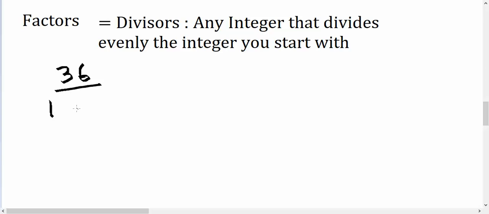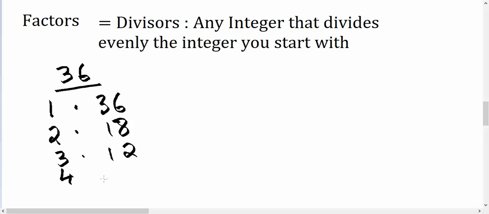So we'll have 1, and 1 times 36 gives us 36. 2 is another factor of 36. 2 times 18 equals 36. 3 is another factor of 36. 3 times 12 gives us 36. 4, another factor. 4 times, in this case, 9. And then finally at the bottom we have 6 times 6, which also gives us 36.